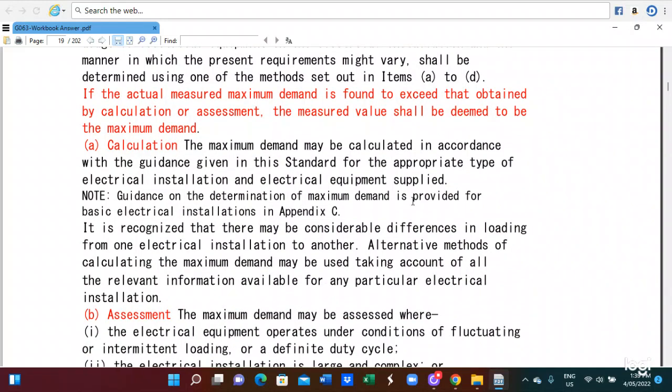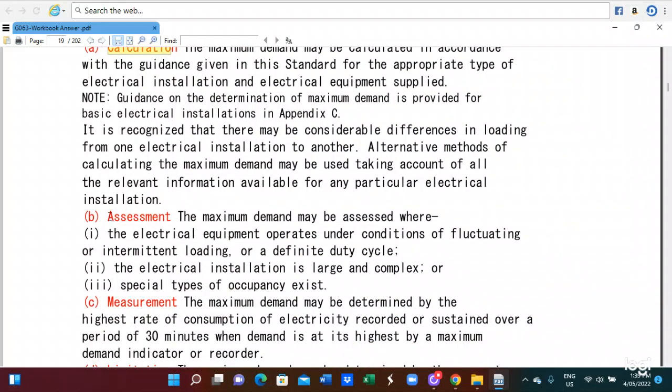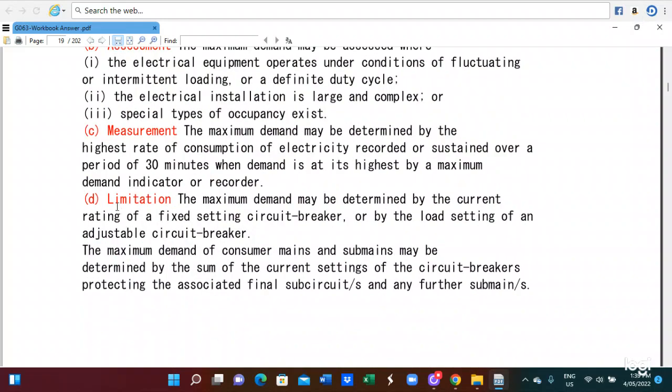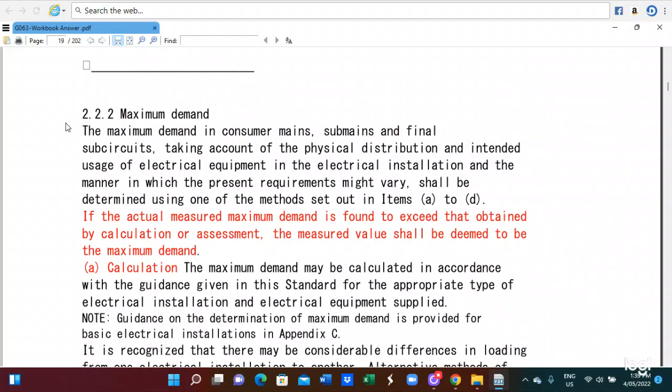We have to utilize Appendix C of the AS3000. We also use the maximum demand by calculation, by assessment, by measurement, or by limitation. Those are the maximum demand definitions. So it's talking about the AS3000. Clause 2.2.2 mentions the maximum demand.